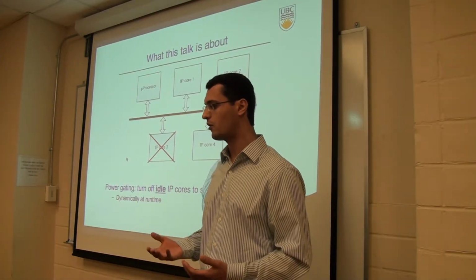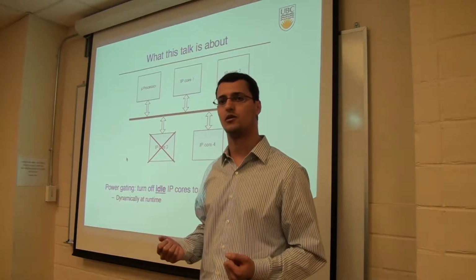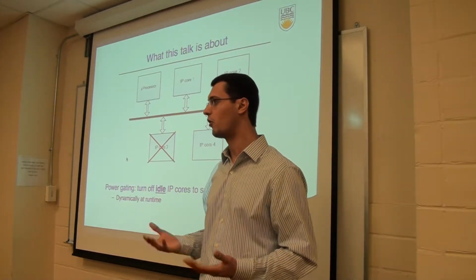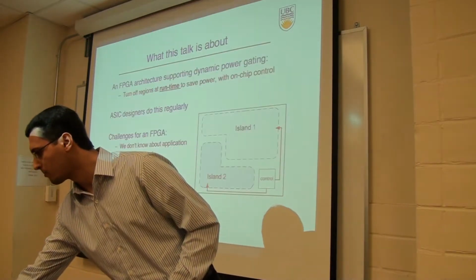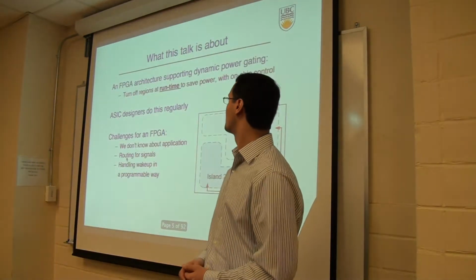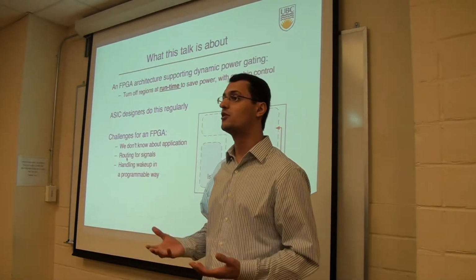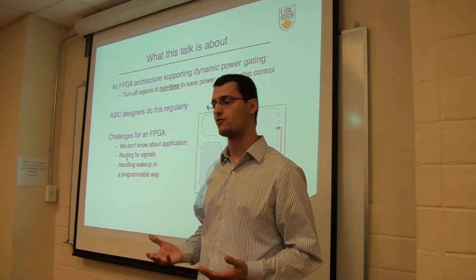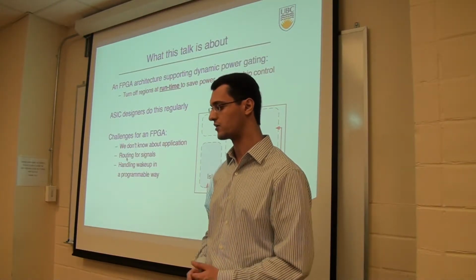So what this talk is about is supporting this in FPGAs. We want an FPGA architecture that supports dynamically turning things on and off at runtime in order to save power for idle components.